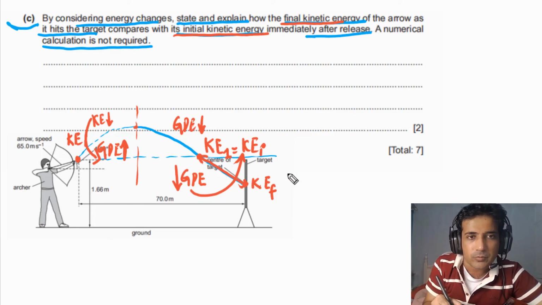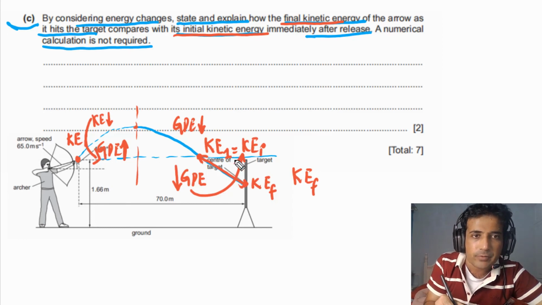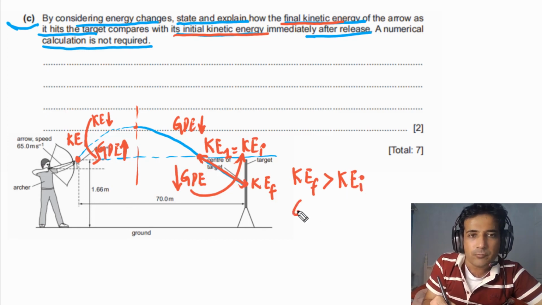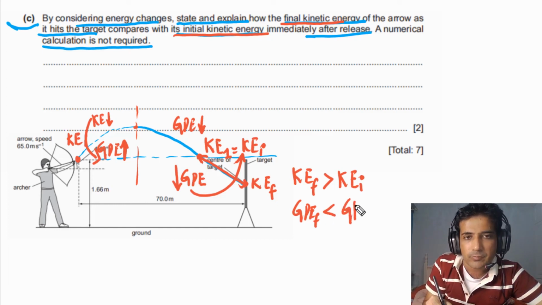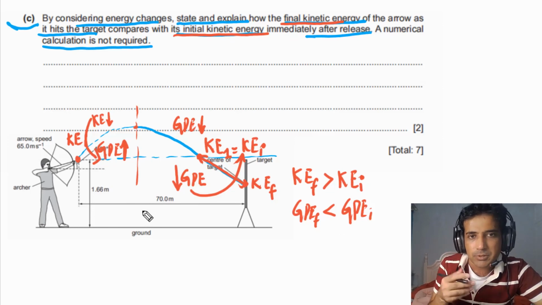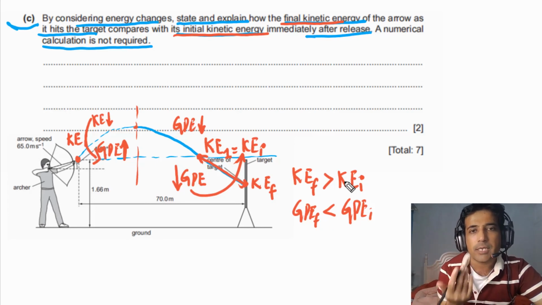So simply we can say that if I compare the kinetic energy final with initial, the kinetic energy final will be greater than the kinetic energy initial. But if we compare GPE final with GPE initial, GPE final will be lower than GPE initial. Or simply we can say in this case GPE has decreased, kinetic energy has increased, and the total energy is conserved. So that's all we need to understand.